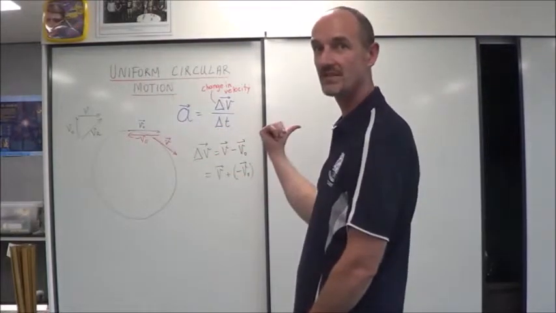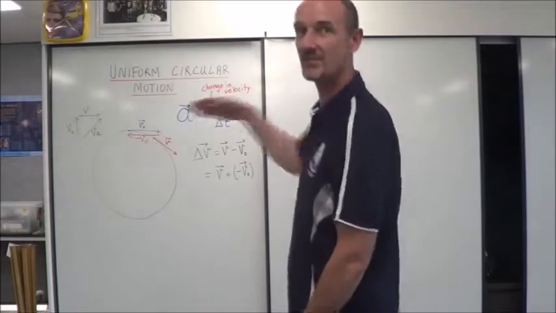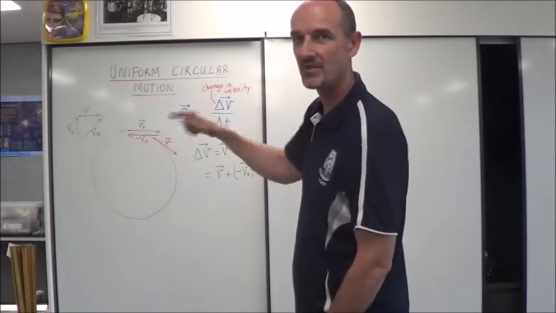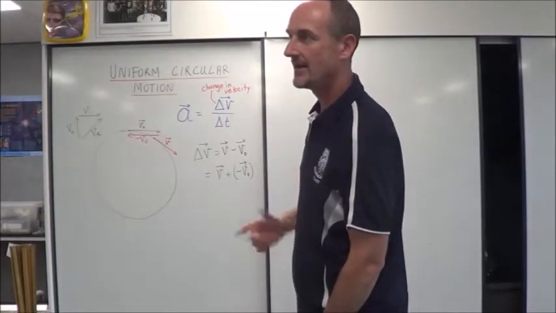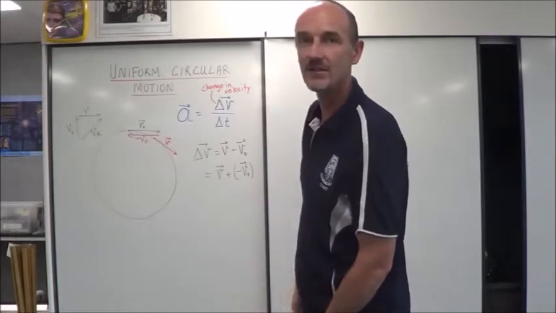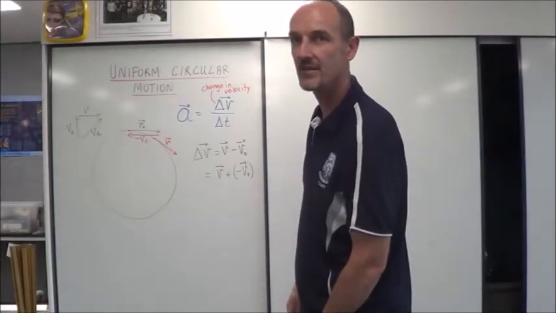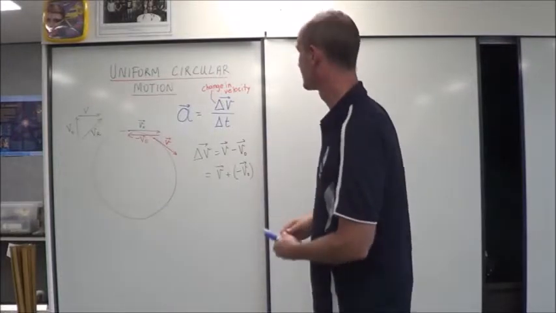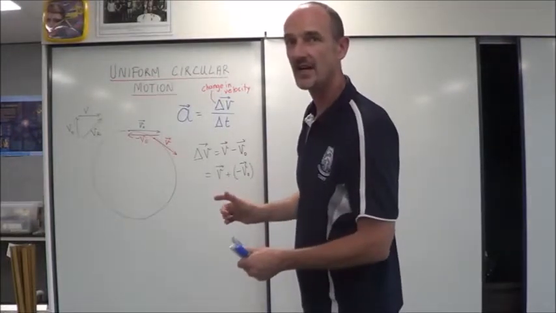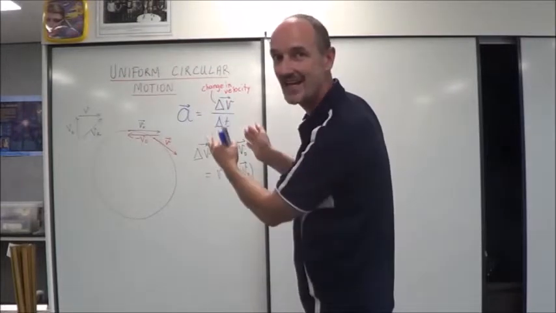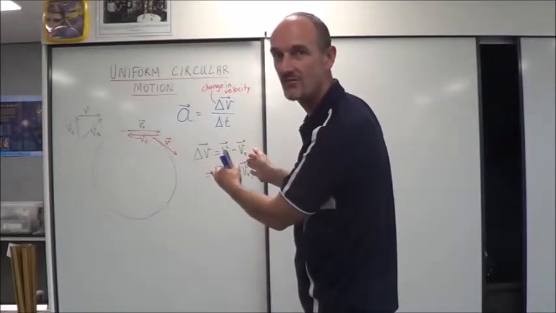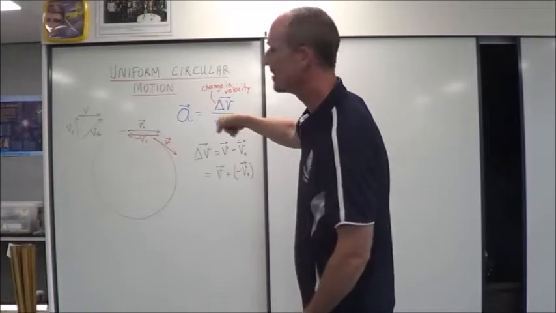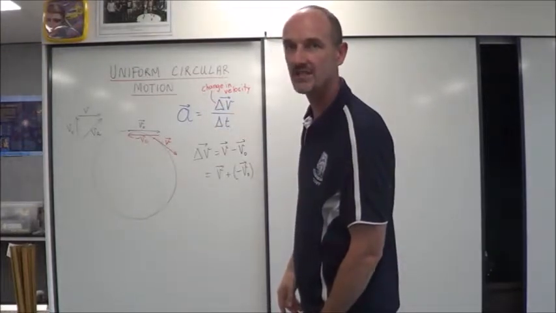So if we want to make a vector negative, then we simply change the direction. So it was moving this way, but to make it negative, we flip it the other way and put the arrow on the other end. Now, we can use a similar method to the tip to tail method to add the negative of V0. All right? And to do that, we simply translate the negative V0 vector to the end of the final velocity vector.